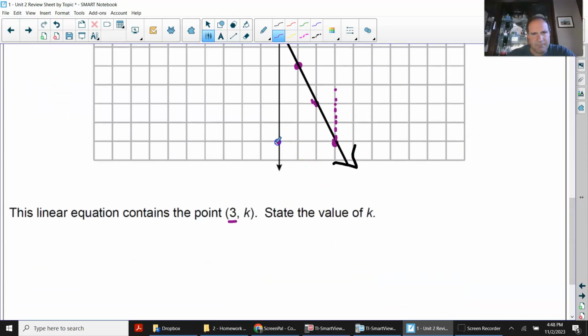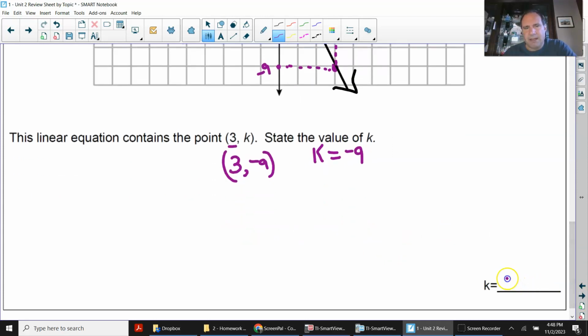That's negative 9. 3 comma negative 9. And then don't forget k equals negative 9, because they want the value of k. They're giving you the value of x, so they want that y value. So don't forget to state it. Negative 9 is your answer.